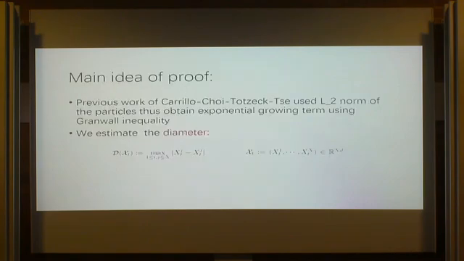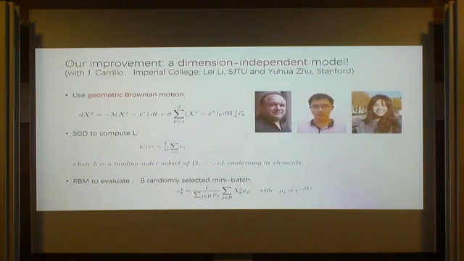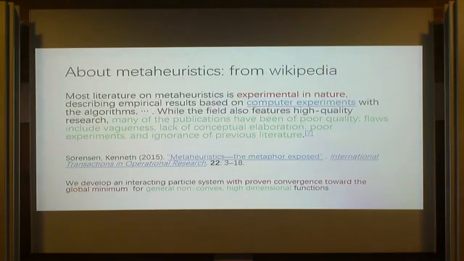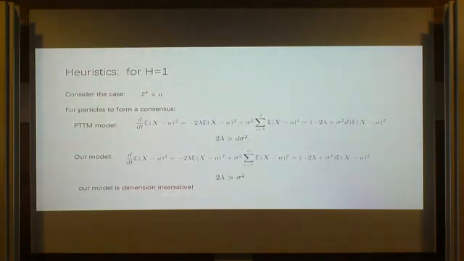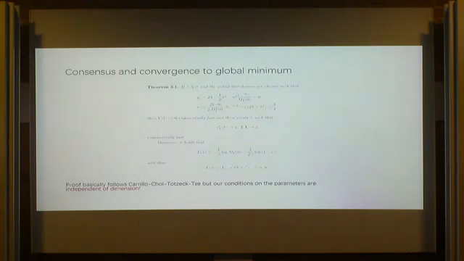I didn't put it here, but if you look at the earlier version with the Fokker-Planck equation, we have the proof for the variance, where v of t goes to 0, v being the variance, exponentially fast. Yes, but in this exponential, you have the dimension. No. Here, these conditions do not have d.